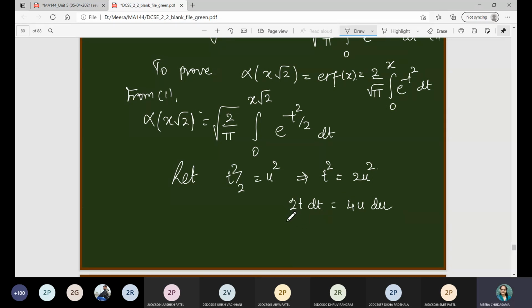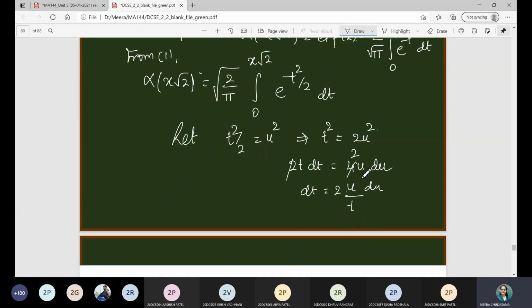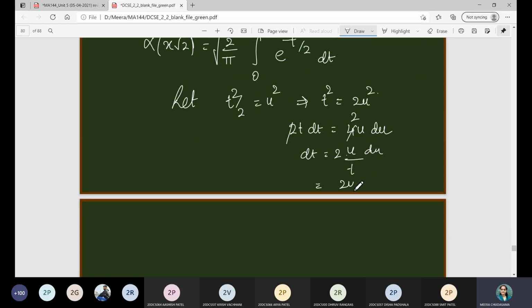So dt is equal to 2u du upon t, and t can be considered from this one, it is root 2 u. So let us substitute the value: 2u upon root 2 u du. So this is root 2 du, the final derivative with respect to t, right?